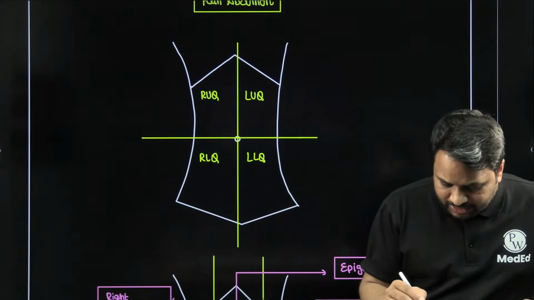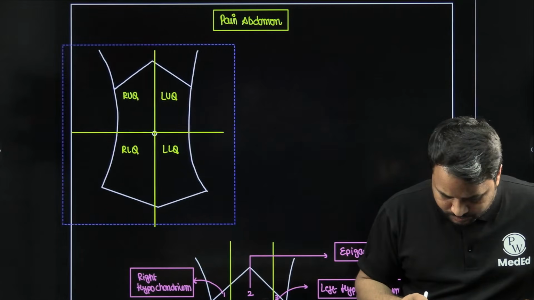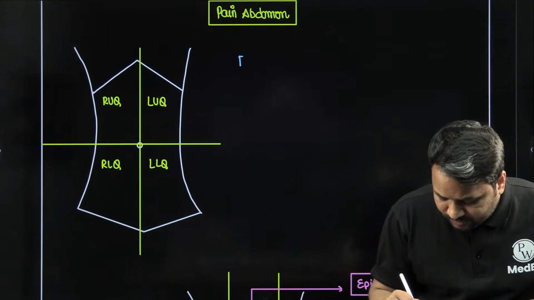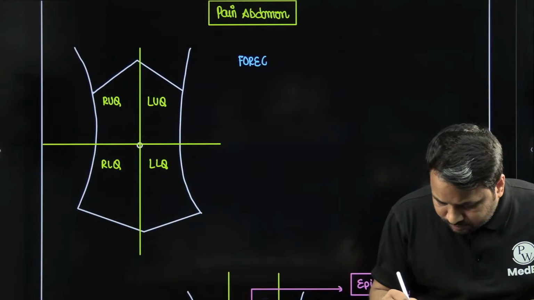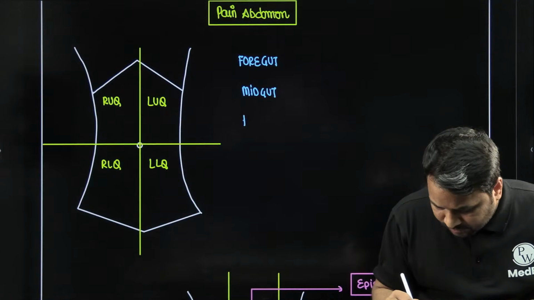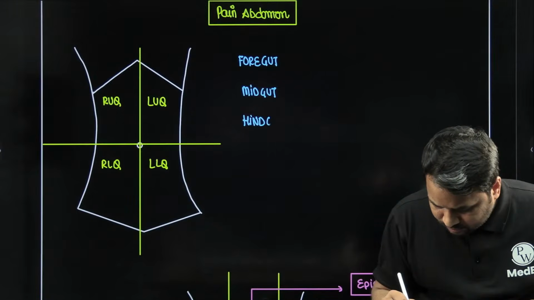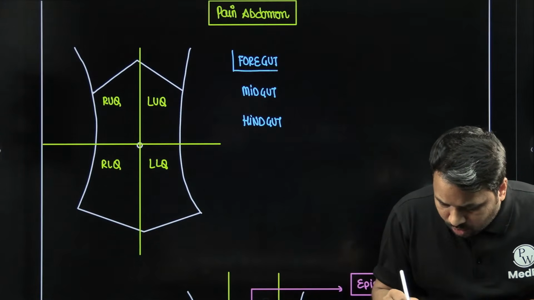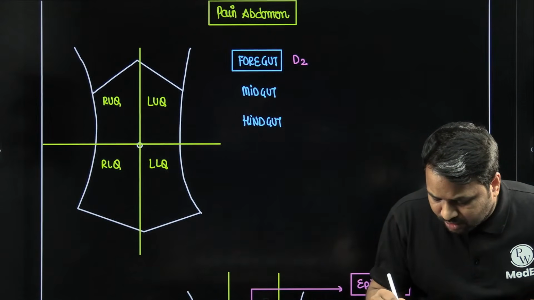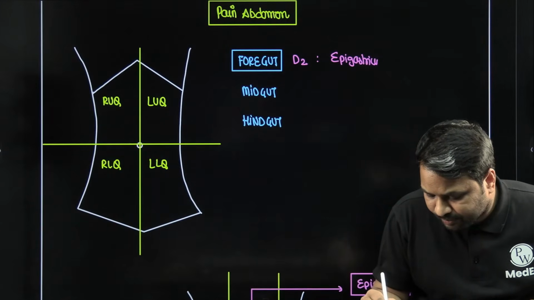When you talk about the entire gut divisions, you have the foregut, then the midgut, and then the hindgut. All your foregut derivatives, from the esophagus to the second part of the duodenum, the referred pain is going to be in the epigastrium.